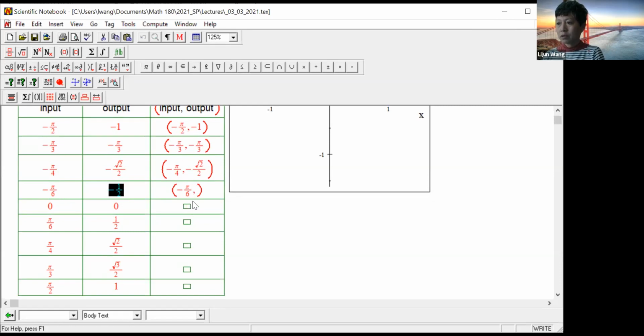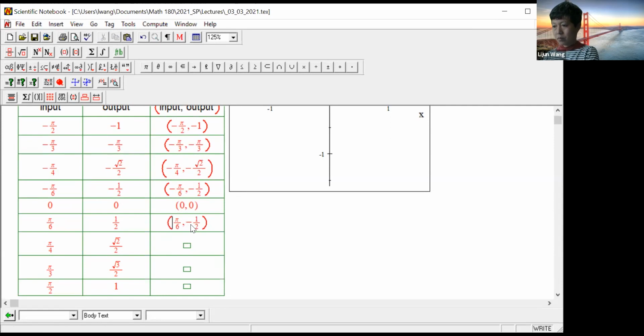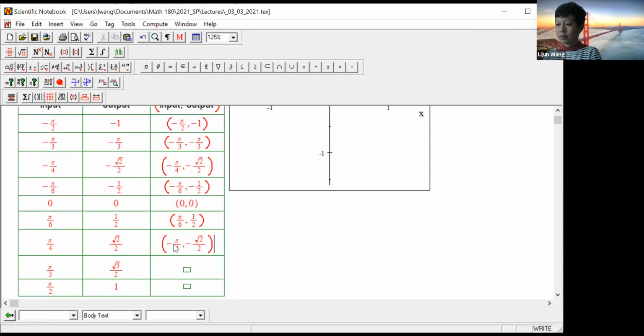So when you do this, think about this: input is angle, output is ratio. 0, 0. Okay, so more points. Once you do it, you realize it's pretty simple. You will not be confused ever again.